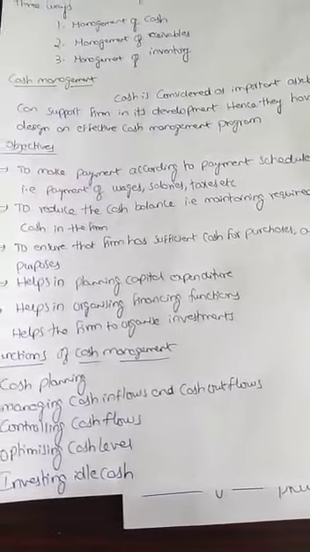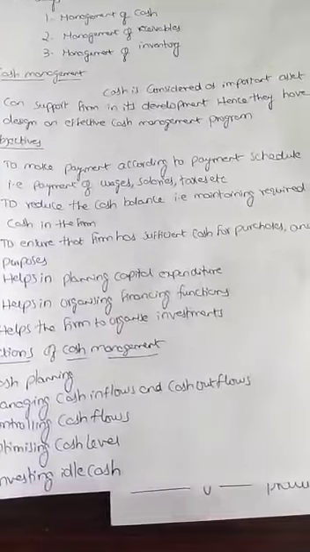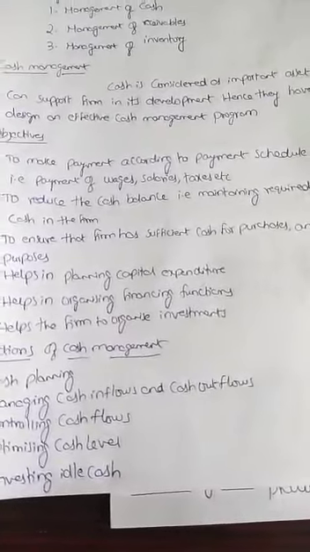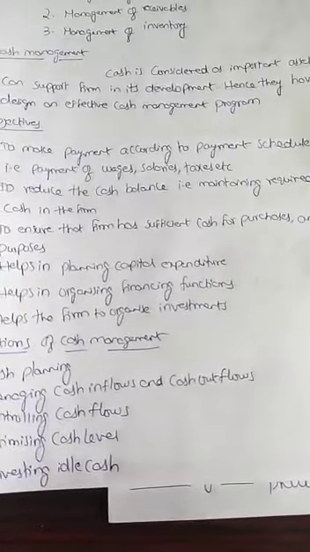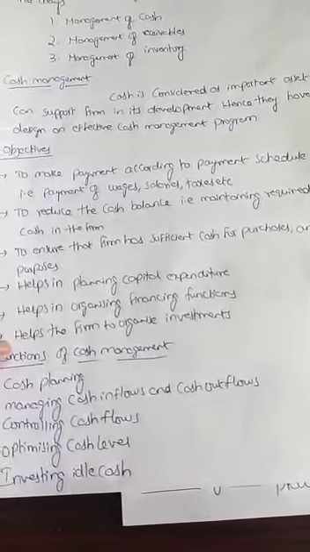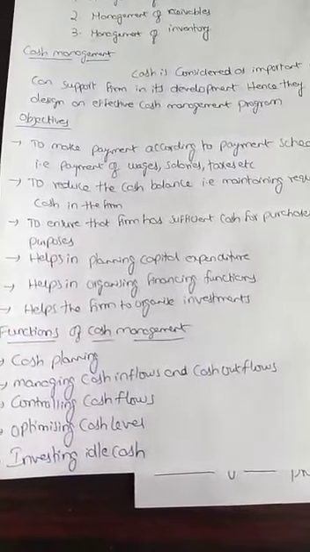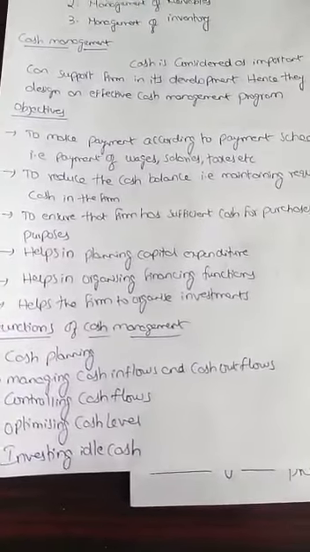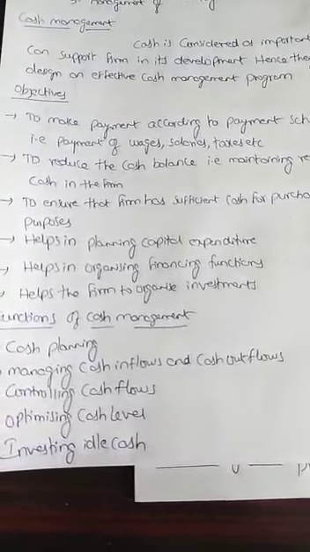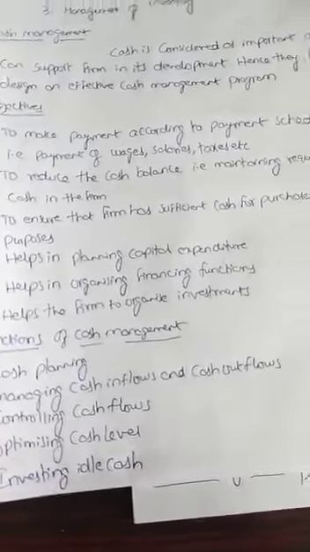And this cash management helps in planning for the financing functions, means providing the finance for any other outside resources or for outside people. And this cash management helps the firm to organize their investments, whether it may be the short term investments or the long term investments. The firm requires cash to invest.